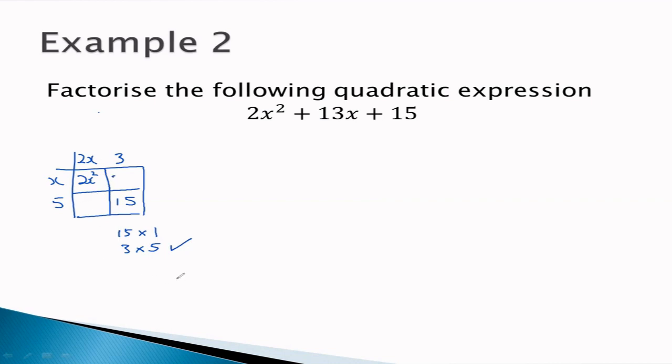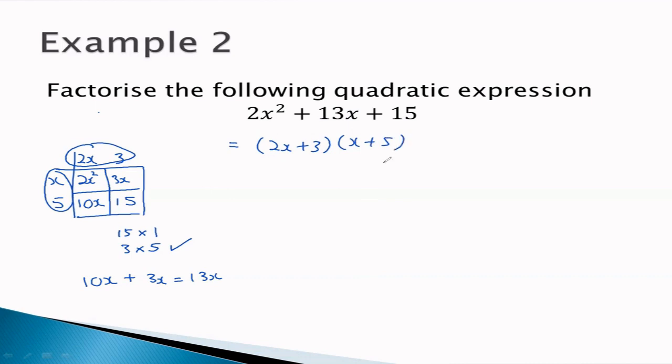So what is 3 times x? It is 3x. And what is 5 times 2x? It is 10x. And what's 10x plus 3x? It is 13x. And I'm correct now. So how do I write it? Again, I write it this way and this way. So the answer is 2x plus 3 and x plus 5. Okay, so moving on, let's go to example 3.